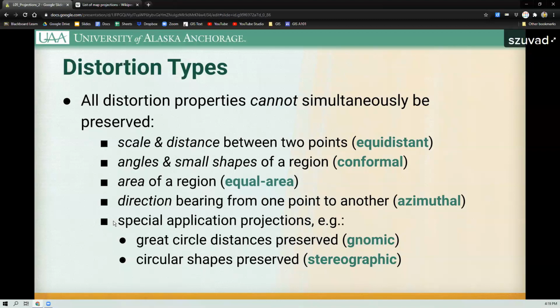So an equidistant distortion holds the distance between any two points consistent, but you'll have distortion then in your shapes and angles or areas. A conformal projection will hold your angles and shapes consistent, so things look familiar, but they're not necessarily the correct size or the distance from each other.